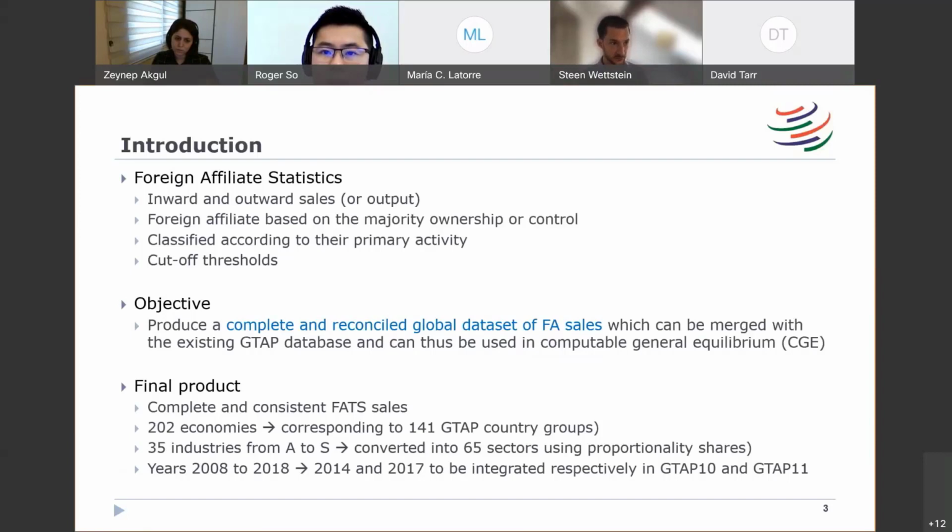This defines the control. Also, something to keep in mind is that those affiliates, those enterprises, are classified according to their primary activity.